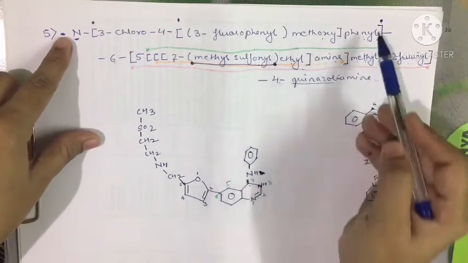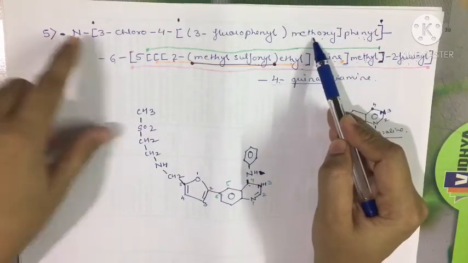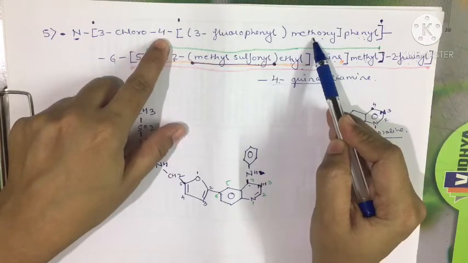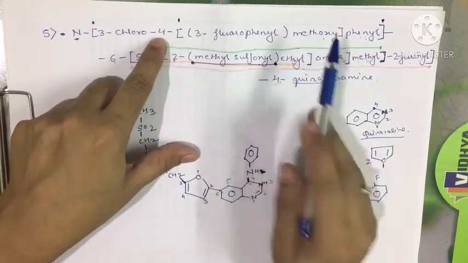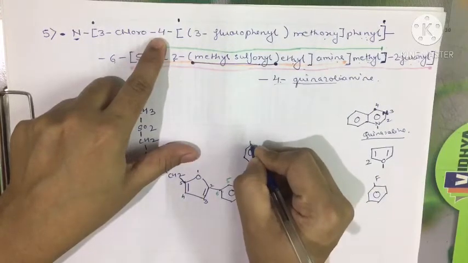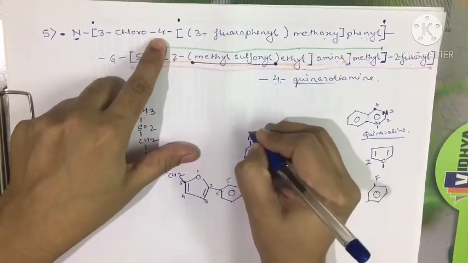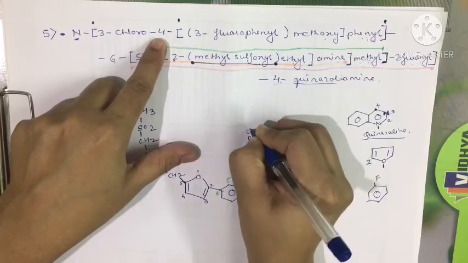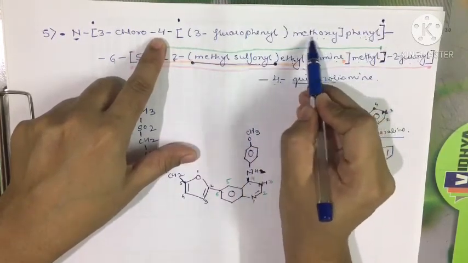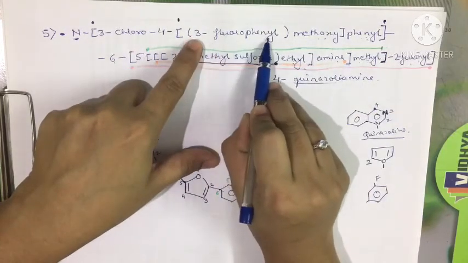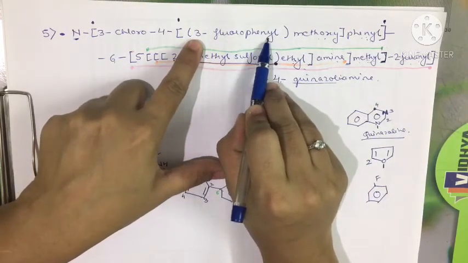This phenyl group is having methoxy group at 4th position. So here we can see the methoxy group is present at 4th position, number is mentioned, so we can write down here OCH3. But this methoxy group is having 3-fluorophenyl group attached to it.